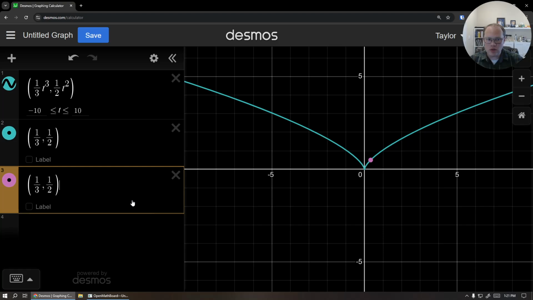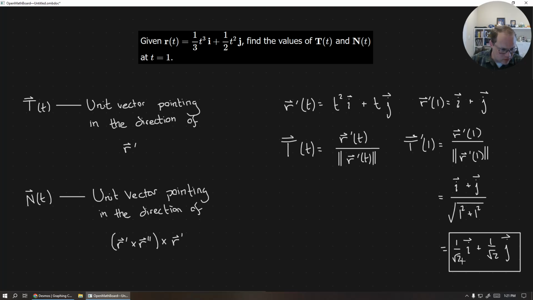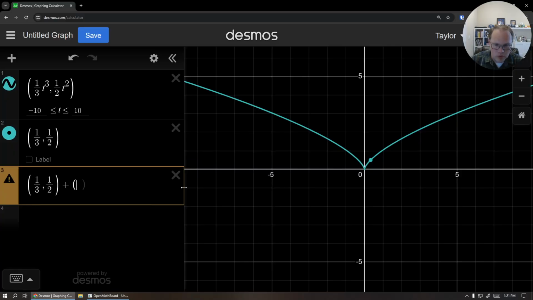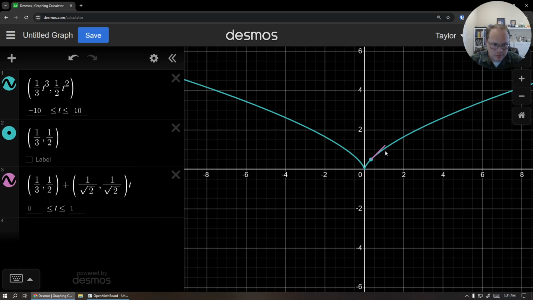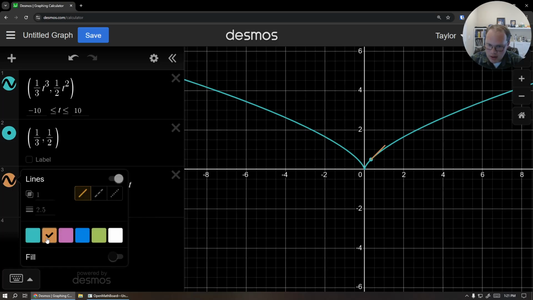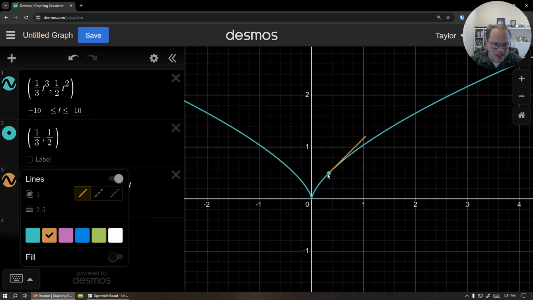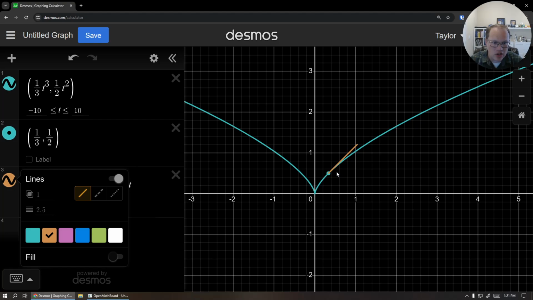I want to draw the unit tangent vector starting from that point, and then go in the direction of the unit tangent vector, which is 1 over root 2, 1 over root 2. Pick a color that contrasts a little bit better. Do you see how it is actually tangent to the curve there? It doesn't have an arrowhead, but you can see that it is tangent to the curve.